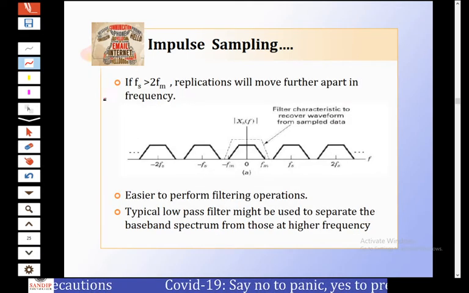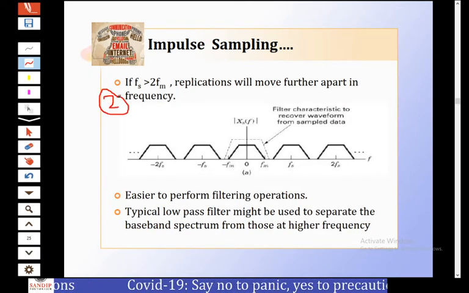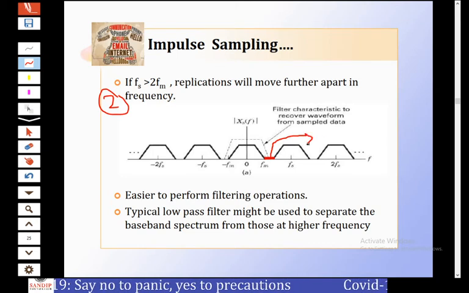Now in the second case, fs greater than 2fm. In that case the sampling frequency is much greater than twice your input message frequency. The replicas move further apart in frequency, meaning the two consecutive signals are separated by some gap, and this gap is known as the guard band.